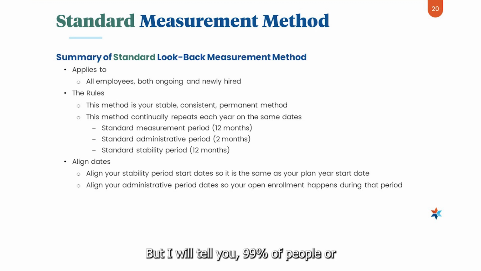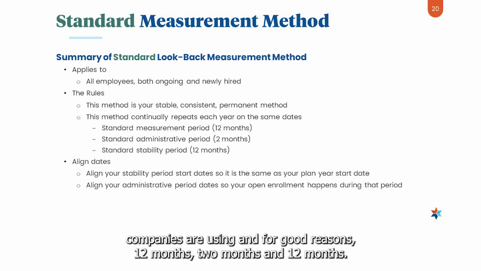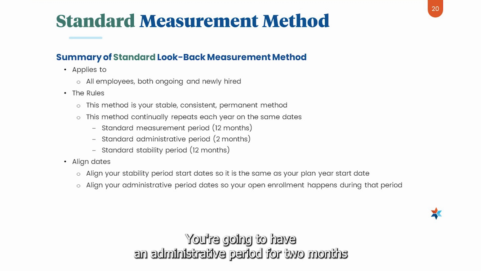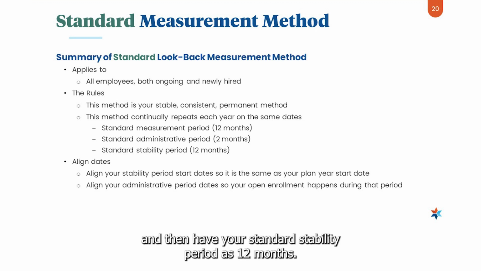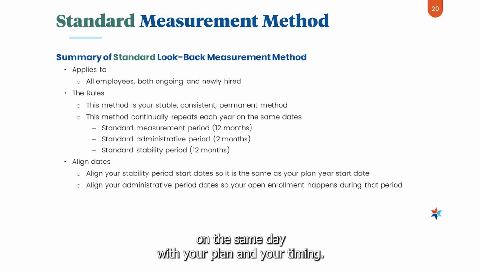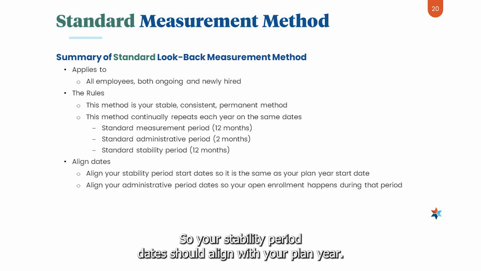But I will tell you, 99% of companies are using, and for good reasons, 12 months, 2 months, and 12 months. So you're going to measure for 12 months, have an administrative period of 2 months, and then have your standard stability period of 12 months. You're going to want to align the dates of when this starts every year with your plan and your timing. So your stability period dates should align with your plan year.